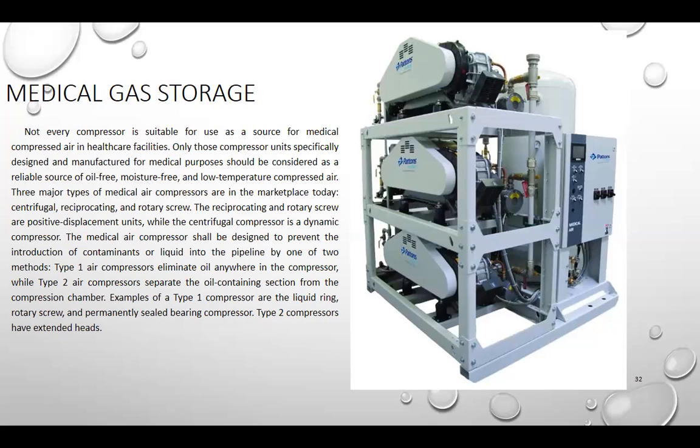The medical air compressor shall be designed to prevent the introduction of contaminants or liquid into the pipeline by one of two methods. The Type 1 air compressor eliminates oil anywhere in the compressor, while the Type 2 compressor separates the oil-containing section from the compression chamber. Examples of Type 1 compressors are the liquid ring, rotary screw, and permanently sealed bearing compressors. Type 2 compressors have extended heads.